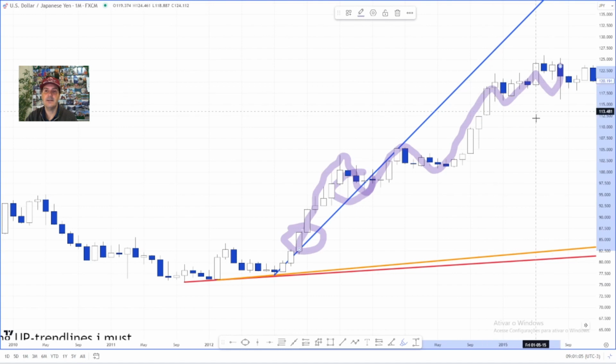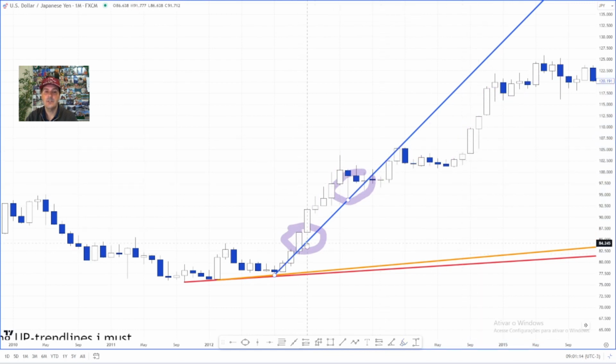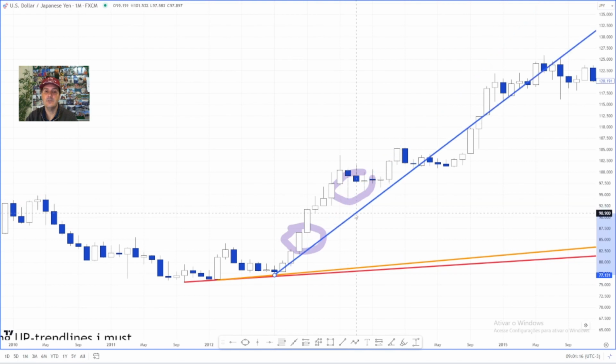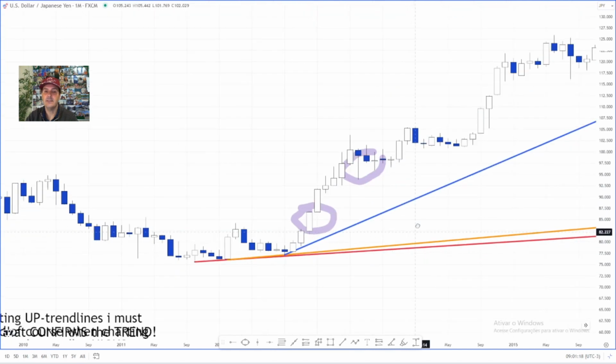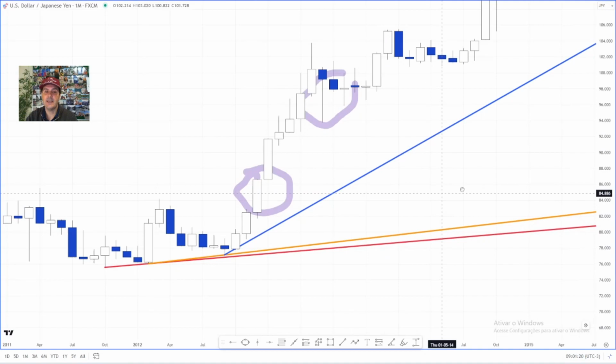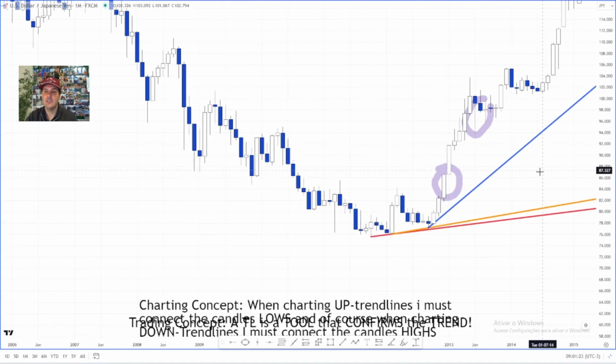Can you see the violet line? Isn't this an uptrend? Yes, it is, right? So this blue uptrend line is wrong, so I need to find the low without breaking any bodies and candles, right? So I need to zoom in, zoom out.